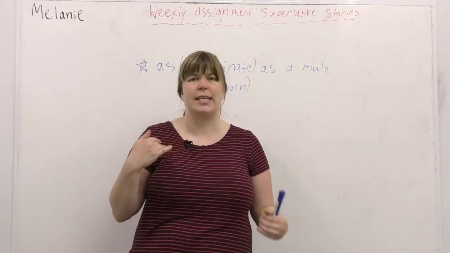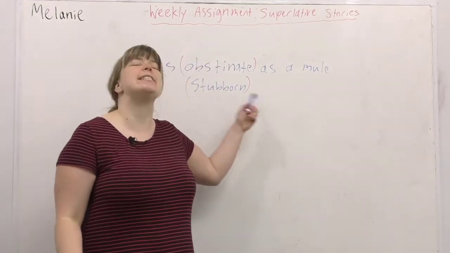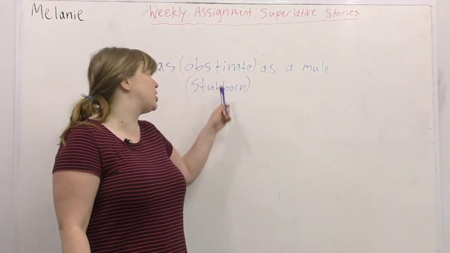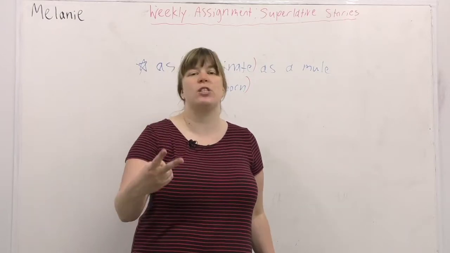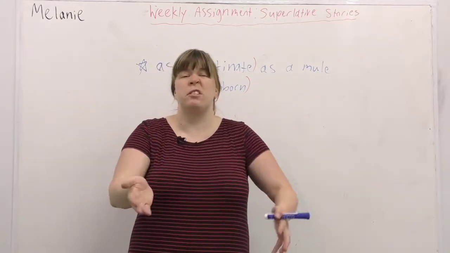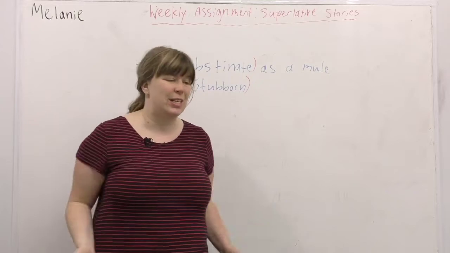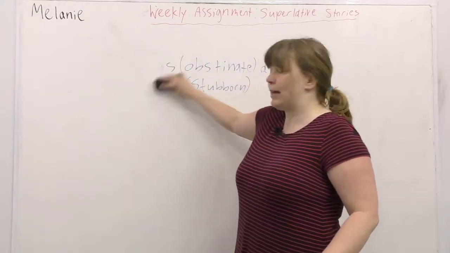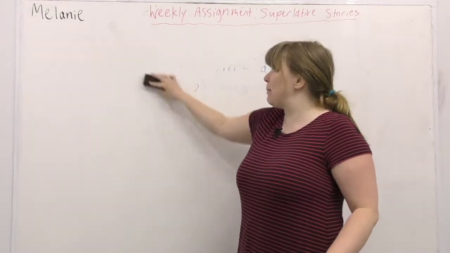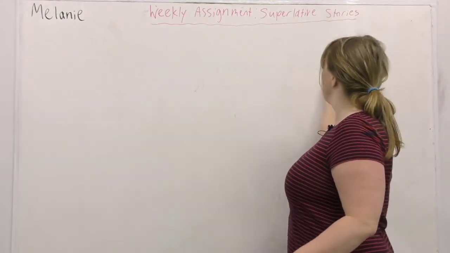So my apologies that I made the mistake. This is technically correct. There's just two different ways to say it. As obstinate as a mule, as stubborn as a mule, totally up to you, whichever one you want to use. Okay, so let's get rid of that. My mistake again about that.